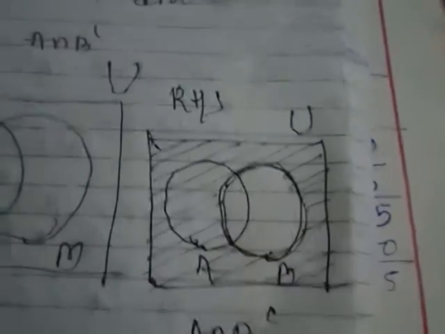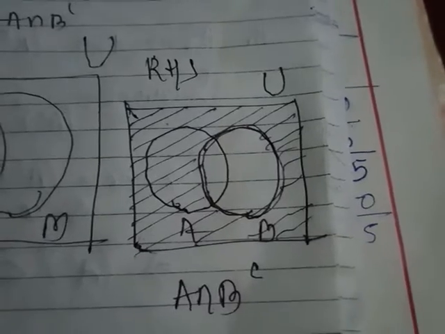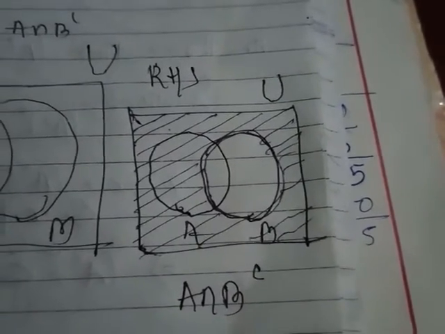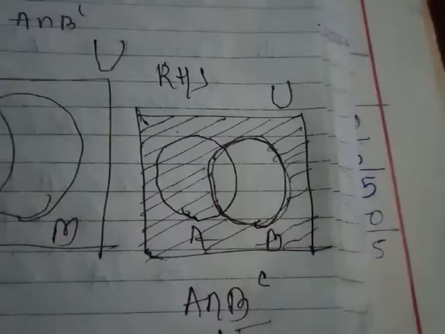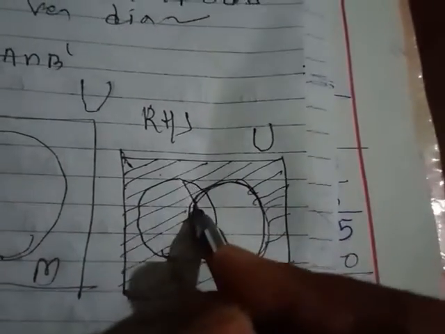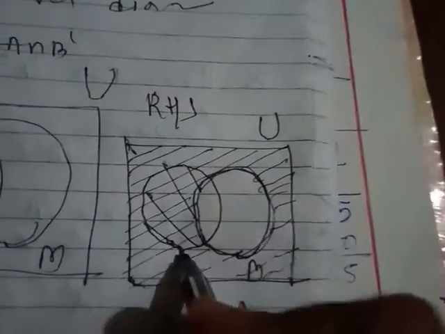A intersection B dash means what are the common areas of B dash and A. What are the common areas? A intersection B dash means B complement and A set. Common area is this area. You see the intersection portion, this area.